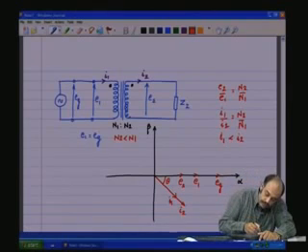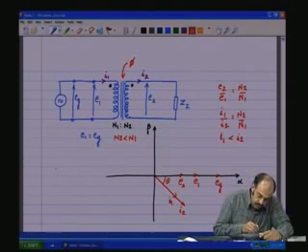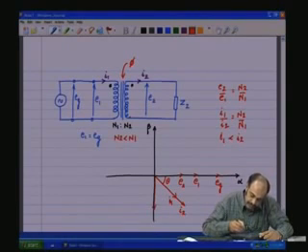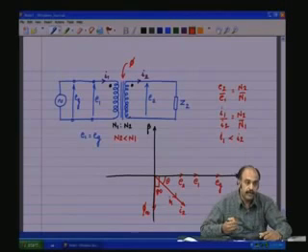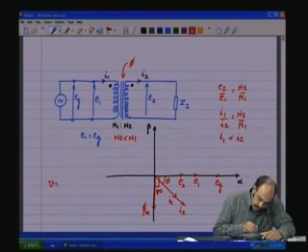Now what about the flux in the core? The flux in the core will be lagging the voltage by 90 degrees. This is the flux phi m in the core. This is because we have V equal to N d phi by dt.